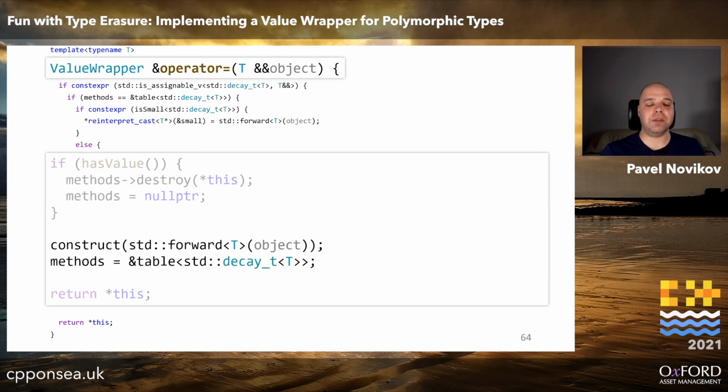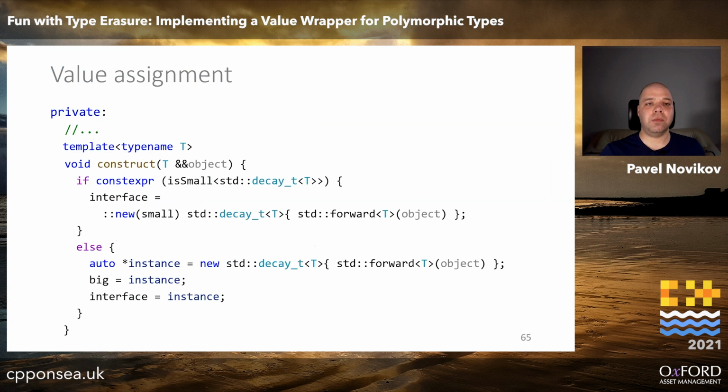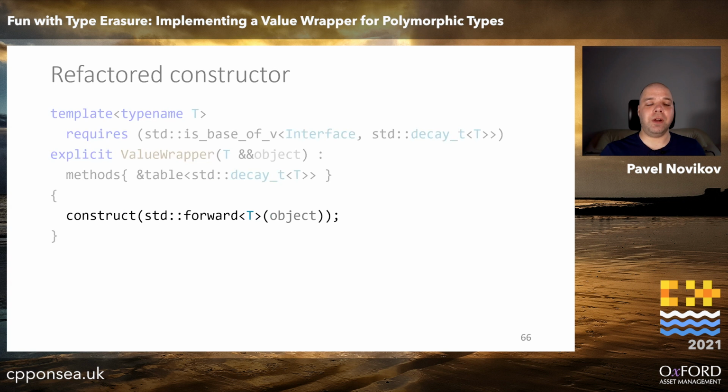So here it is. And then we return. The construct function contains identical code to what we saw in the constructor, so we can refactor a bit and replace the code in the constructor with a call to this function.